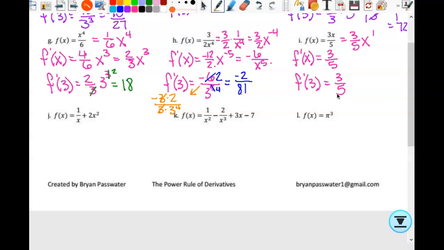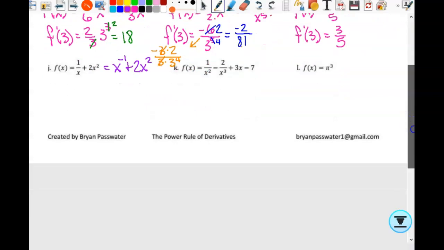All right, so we are going to rewrite these, and then I'm going to let you work on those, and we'll start there tomorrow. So let's just rewrite how we would want it. I don't want 1 over x. How else can I write that? X to the negative 1 plus 2x squared. Okay? And then I can take the derivative of that.